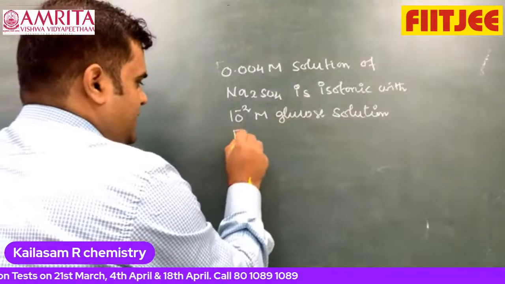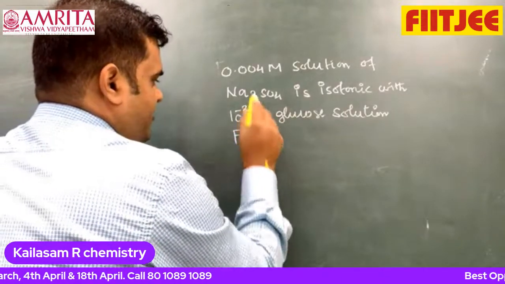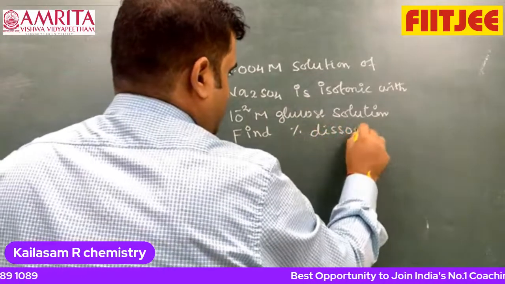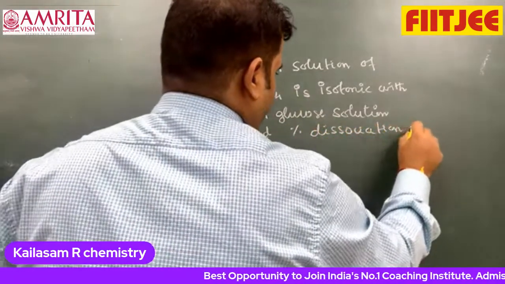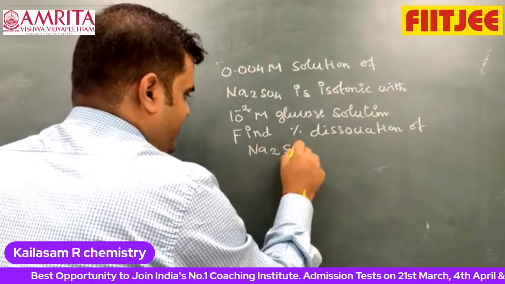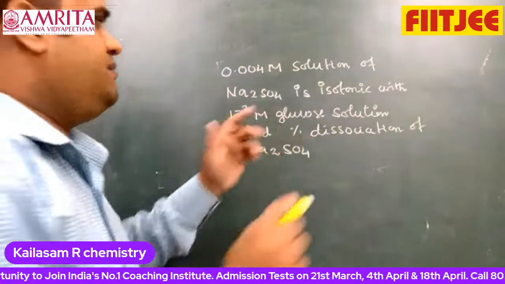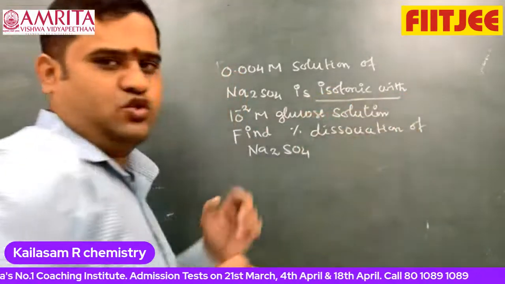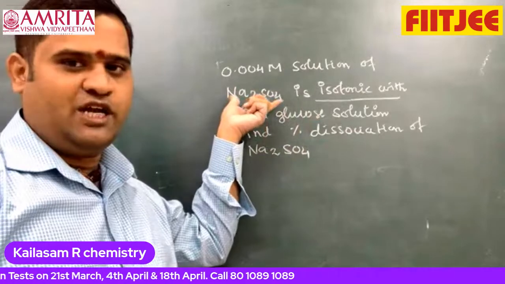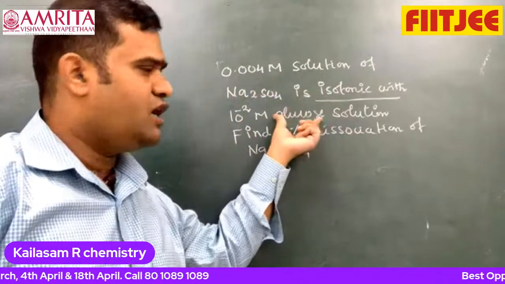So now, what is the meaning of isotonic here? Solutions which have the same osmotic pressure. Please understand, Na2SO4 is an electrolyte and glucose is a non-electrolyte.